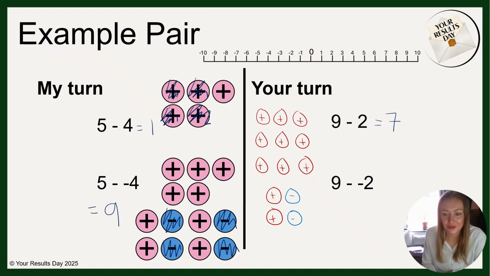I've not changed the value of the calculation, but I have now got my 2 negatives that I'll be able to take away. So if I want to take away 1 negative and I want to take away another negative because it's subtract negative 2, I have now done that, and hopefully what I can see left is my original 9 positives plus 2 more is 11, which, as we've said, is the same as doing 9 add 2.